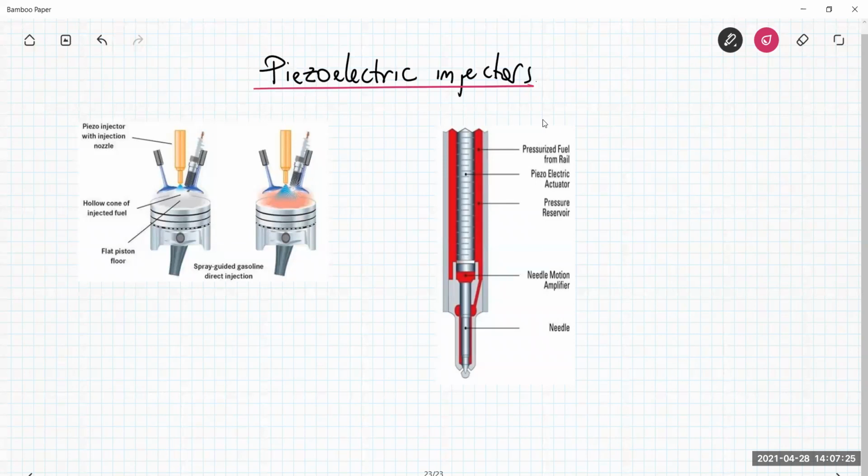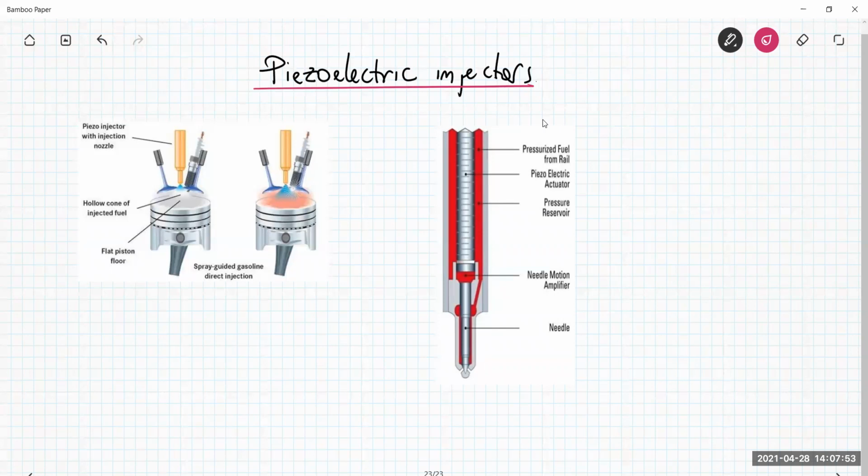The quantity that I have to supply to the thermal engine is determined in real time by multiple parameters, for example, the speed, the temperature, maybe the torque of the engine that is required. So there is a computer in charge of delivering the correct timing and the correct quantity of fuel.